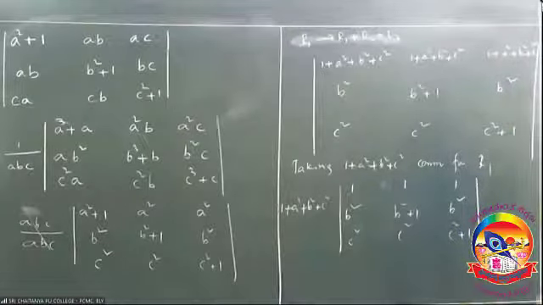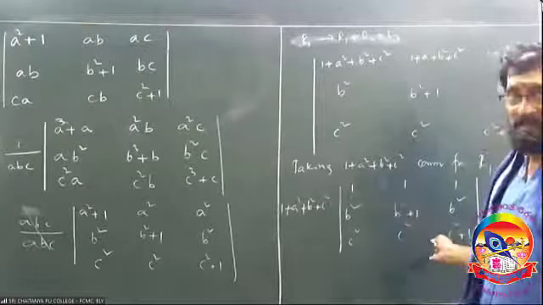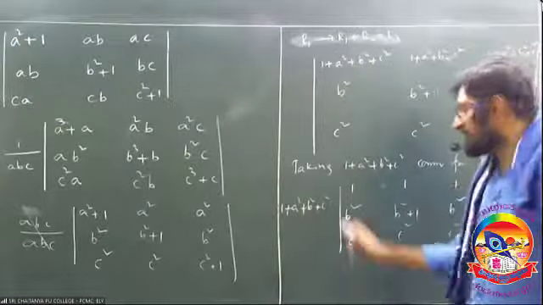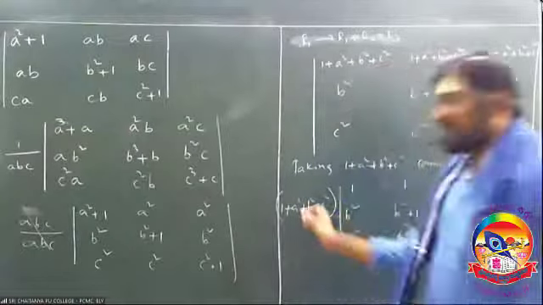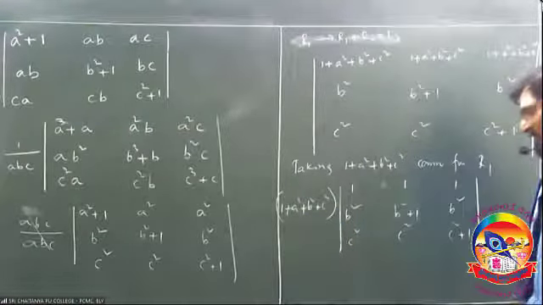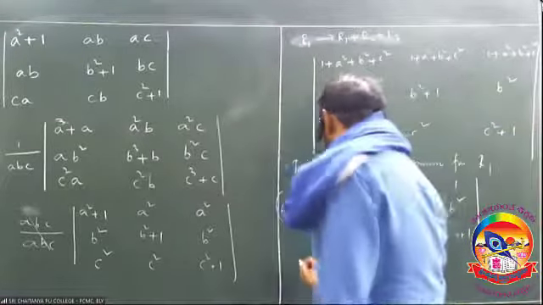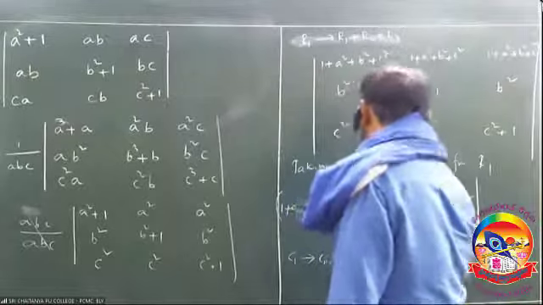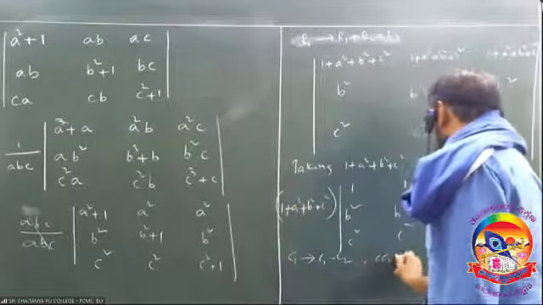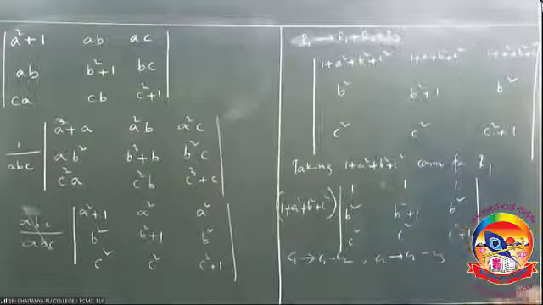Now, if you want, you can expand the determinant here itself and you should get this expansion as 1. Why? Because on the right hand side you got this one outside, right? Otherwise, you can use the column operations here to do. C1 changes to C1 minus C2, C2 changes to C2 minus C3. If you do like that, you are going to get the answer.